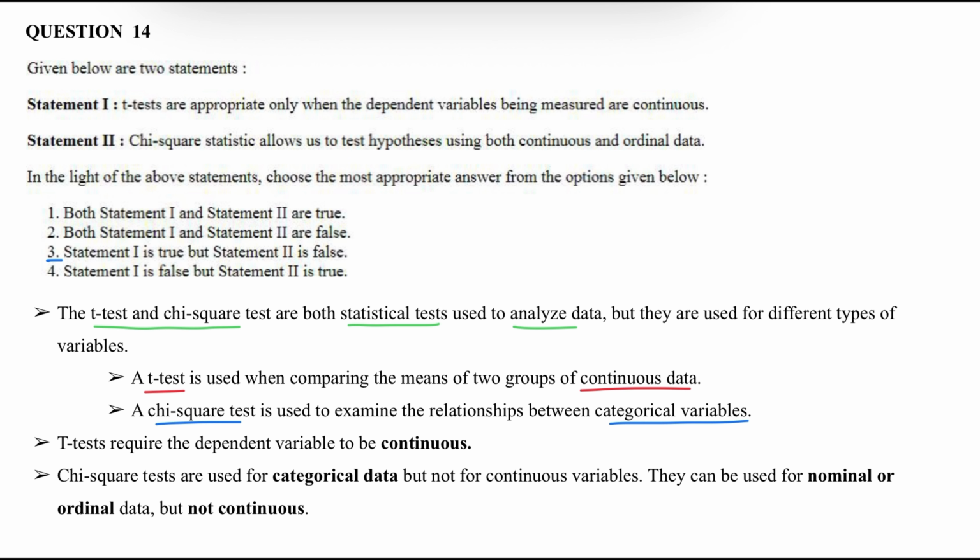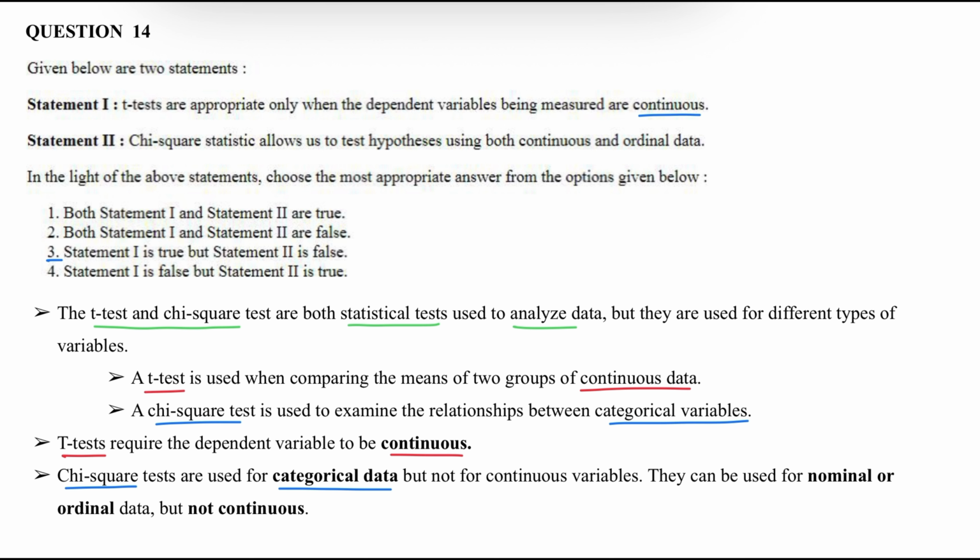The t-test requires the dependent variable to be continuous, whereas chi-square tests are used for categorical data but not for continuous variables. They can be used for nominal or ordinal data but not continuous. Here, statement 1 is true. T-tests are appropriate only when dependent variables being measured are continuous.